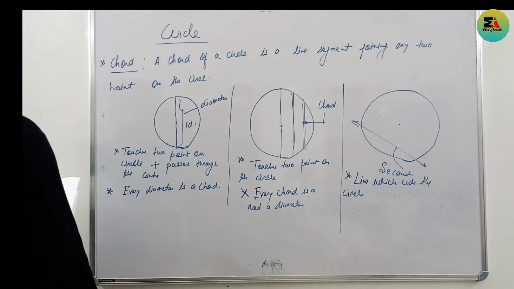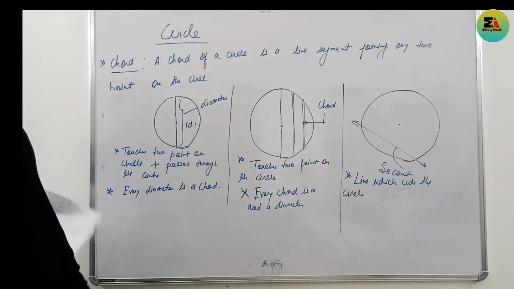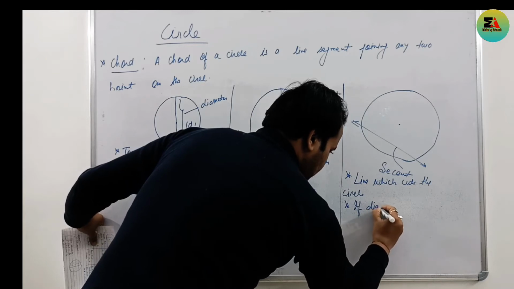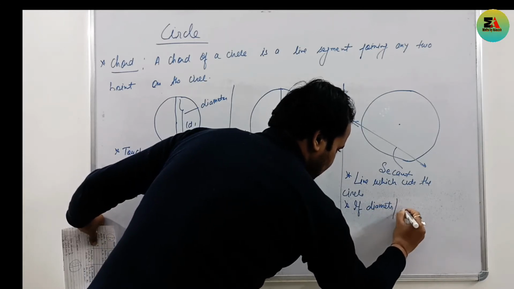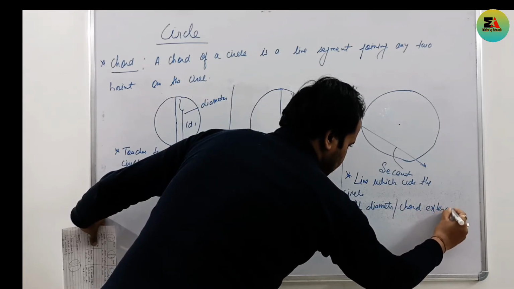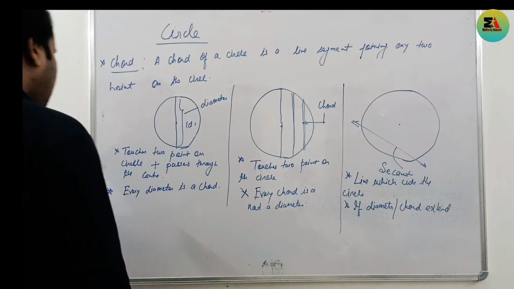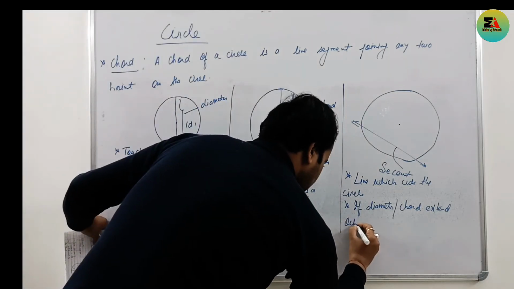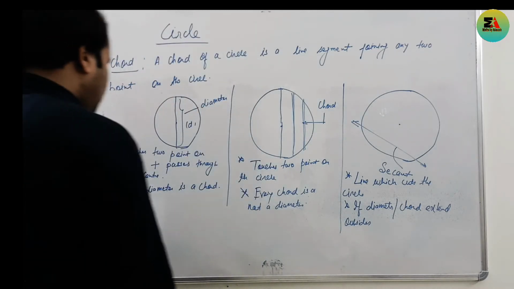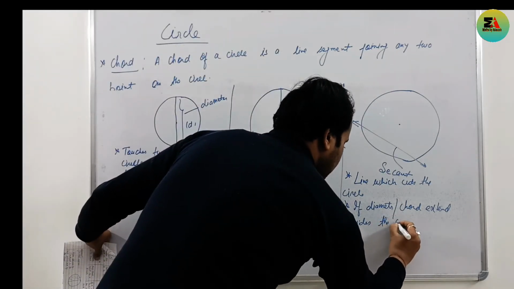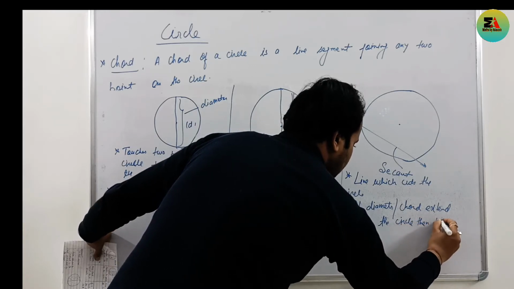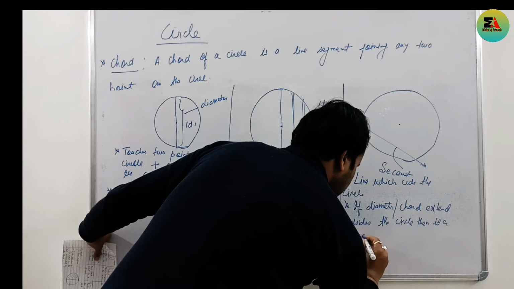If a diameter or chord extends outside the circle, then it is a secant.